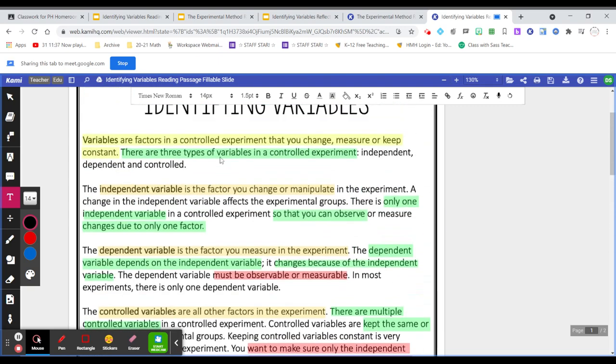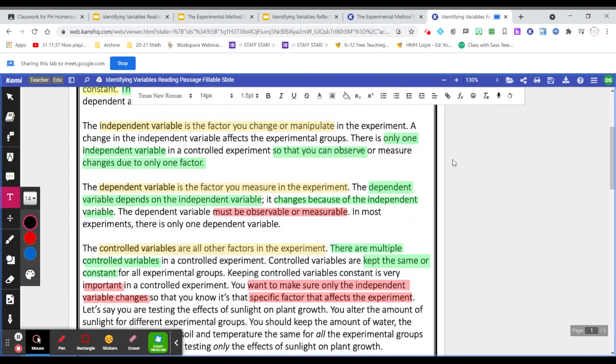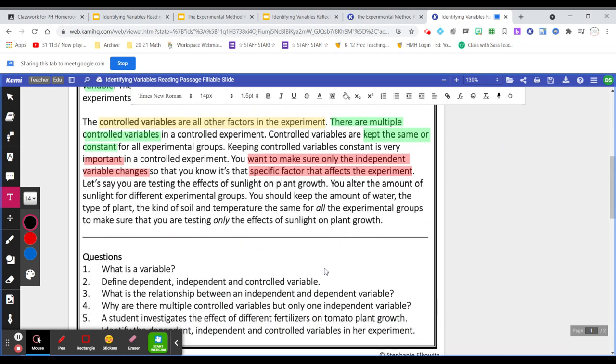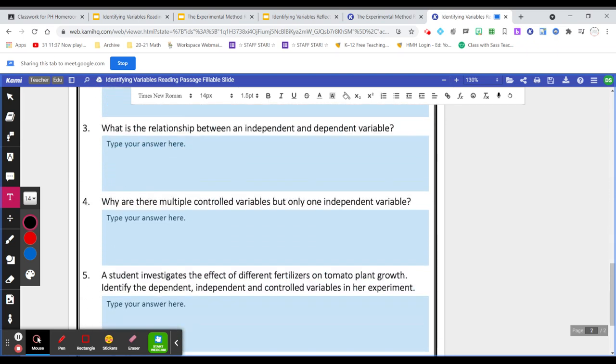So again, I'm going to scroll back up, and I have highlighted it there. So we can see that the relationship is that the dependent variable changes because of the independent variable. So what you would do is you're going to go down to question 3, and you're going to type that as a complete sentence.